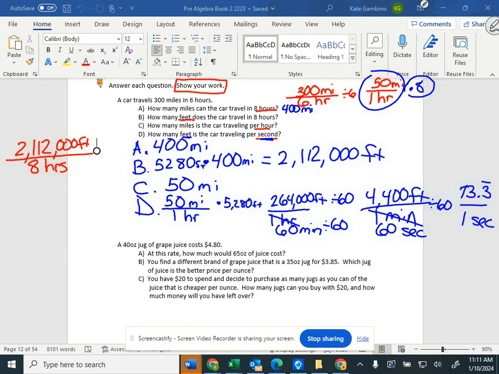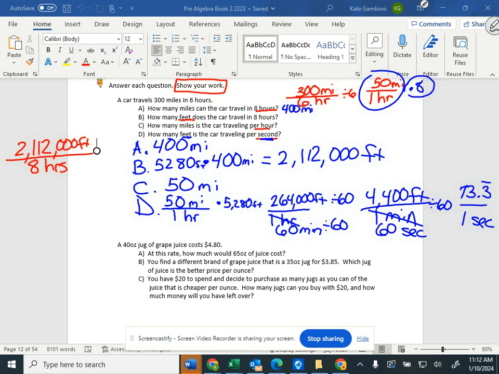Then he's going to take that number and divide it. So Peyton worked the bottom way first and then figured out the top.